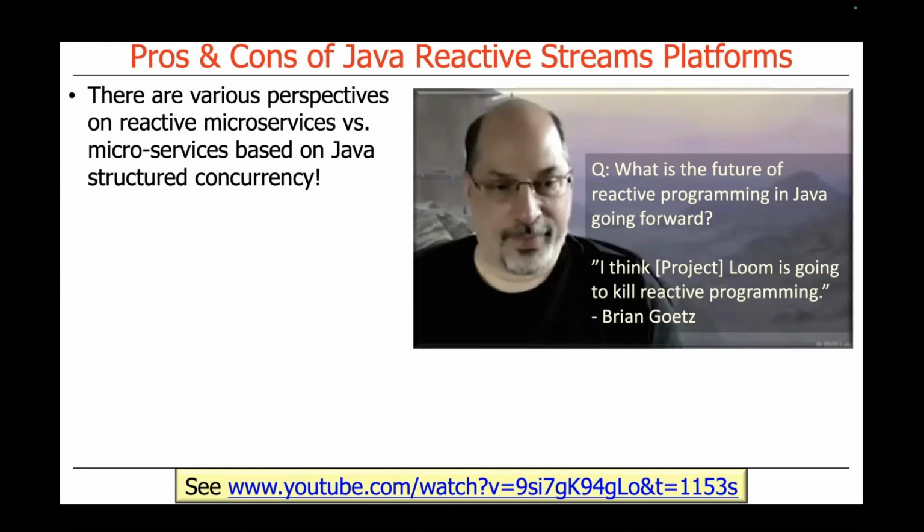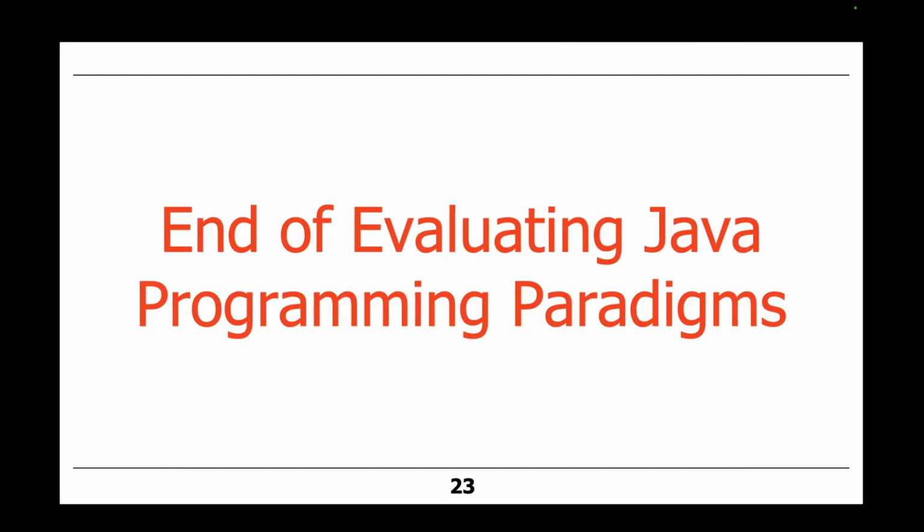I'm not sure I necessarily subscribe to that. There are some benefits I still enjoy. I honestly enjoy doing reactive programming better than structured concurrency, but I think it's worth being aware that other people like Brian Goetz and Ron Pressler and so on have different perspectives on this, and they're well-respected folks in the Java community. So that's the end of the discussion of Java programming paradigms and comparing and contrasting the different approaches.